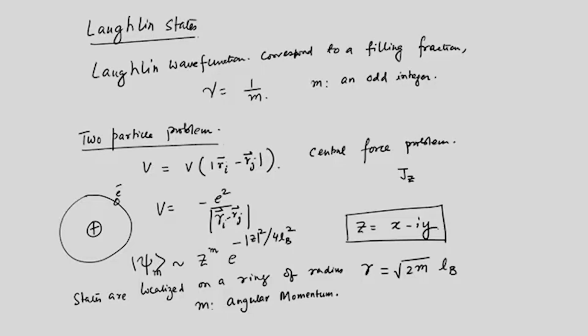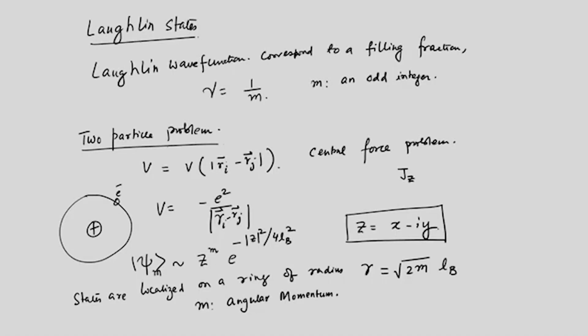In order to do that, we initially looked at the two particle problem, where the particles are interacting via a Coulomb like potential, or in general, a two particle central potential. And this is the wave function that can be written.